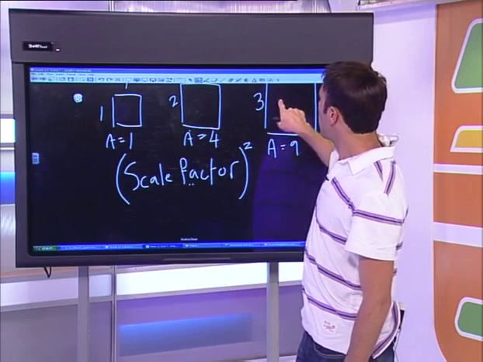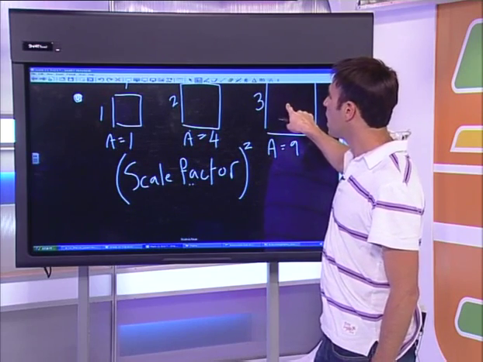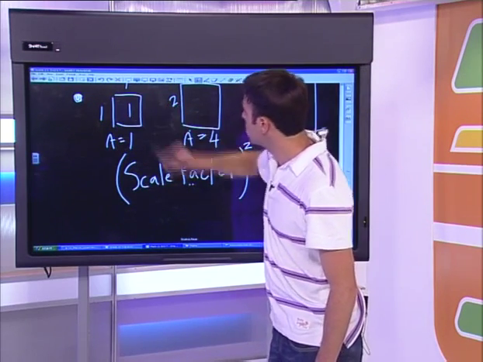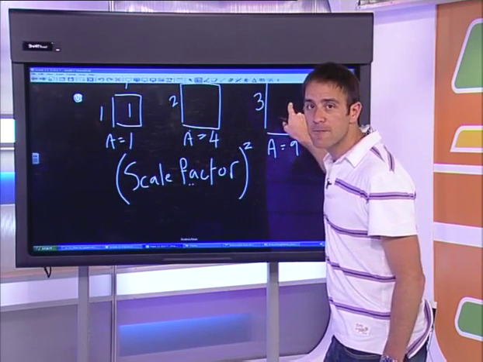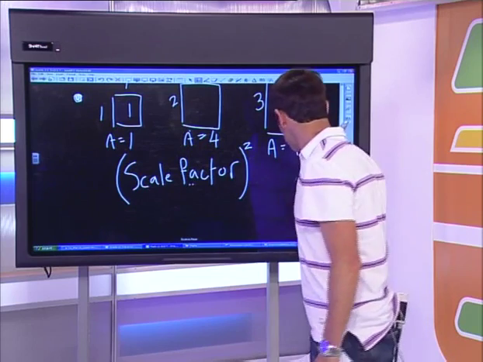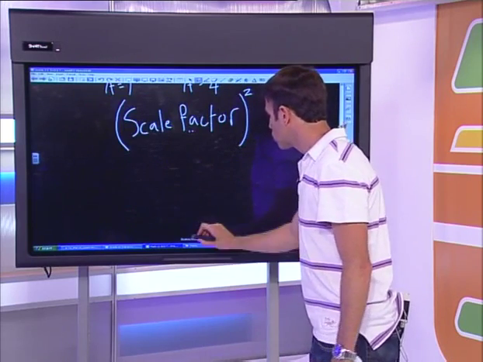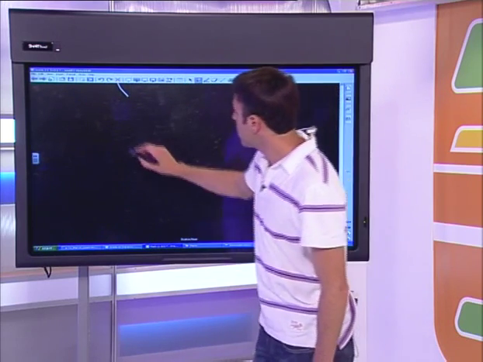So if I've gone with a scale factor of 3 here, and the original area was 1, 3 squared is 9.